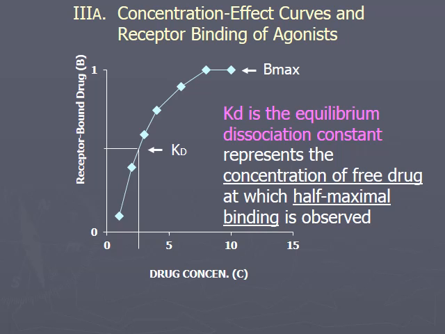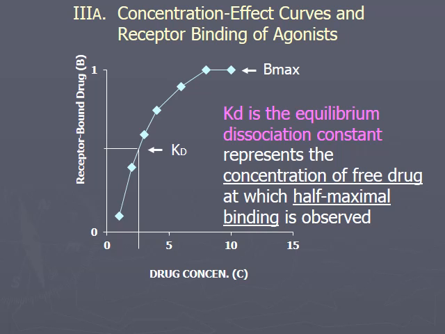So if my receptor bound fraction is 1, half of that, drop over to the curve, drop down to the x-axis, and there's my Kd concentration. Do you see that the Kd concentration here is pretty much similar to the EC50 concentration in the previous panel? That's usually how it works.